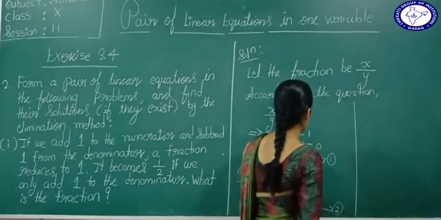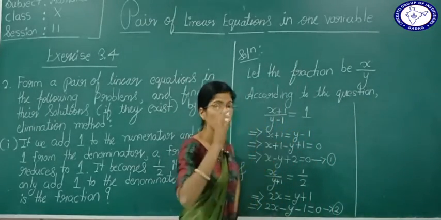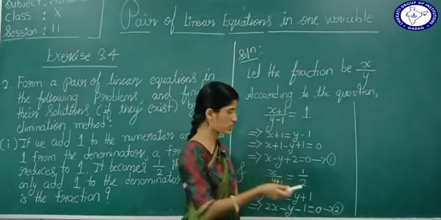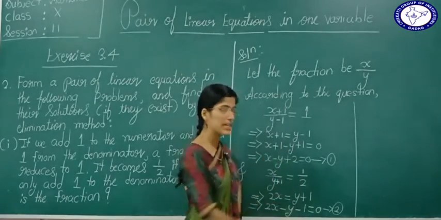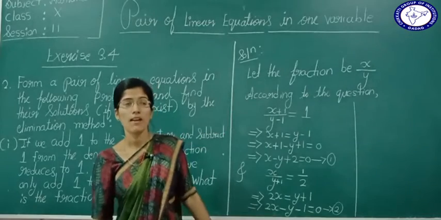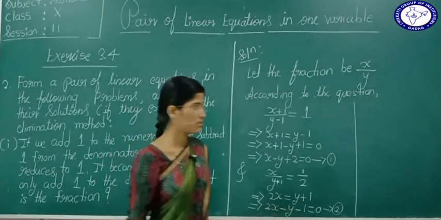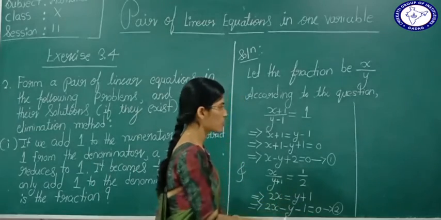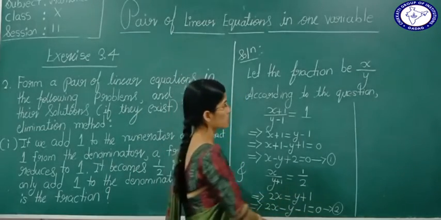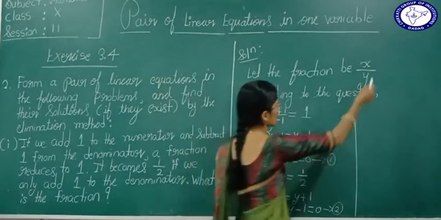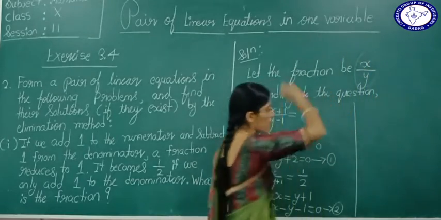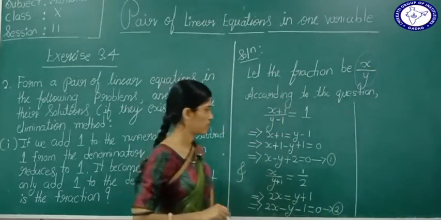Now see here, they told us to form a pair of linear equations. We got linear equations and we have to find the solution of these equations. What is the solution of the equation? Here we have to find out x and y. Here we took x by y as a fraction.